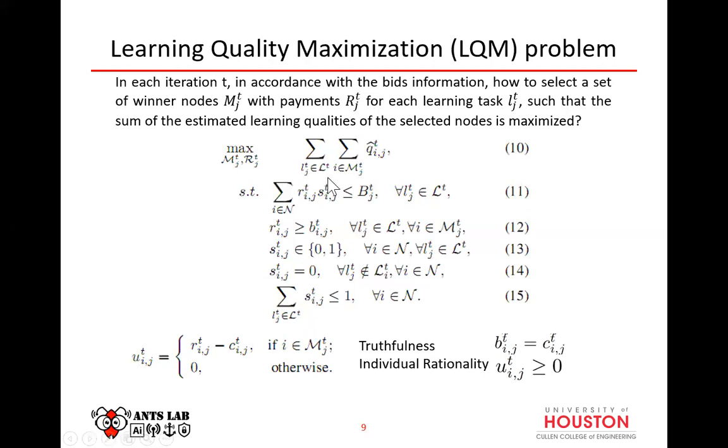The FAIR system determines the value of the binary variable S for each node and task. If S is 1, the node I will be included into the selected node set, MJT, which means that the learning task LJT will be allocated to the node I. And also the FAIR system determines the learning reward RIJT in the set RJT for each winner node.